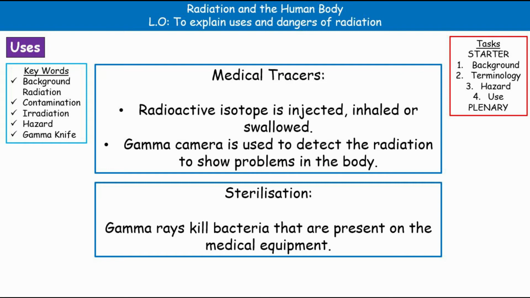Now, that's not going to do very much in terms of medical procedure. But we still need to sterilise it. So what we can actually do is use gamma rays, expose the medical equipment to these gamma rays, and kill off any bacteria present on the surface. So these are our first two: medical tracers, sterilisation. Jot those down if you've not already got them.